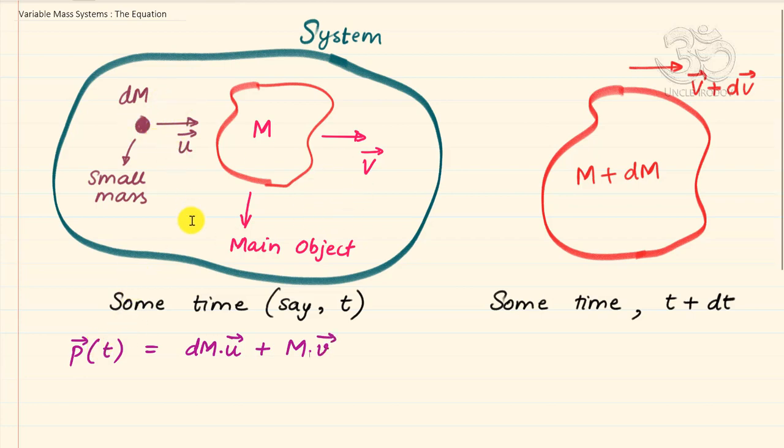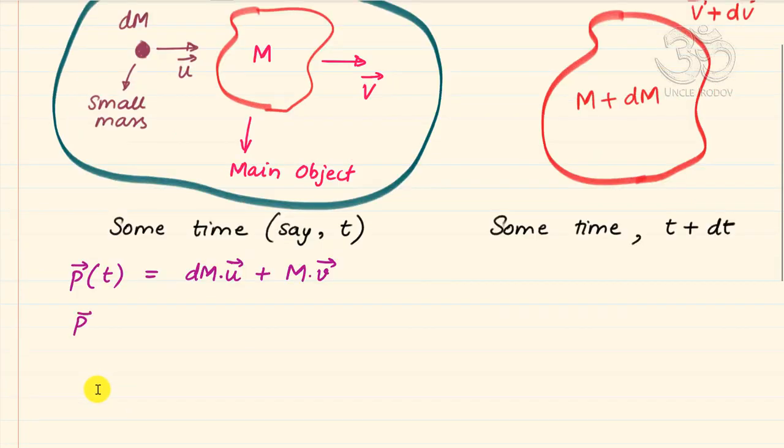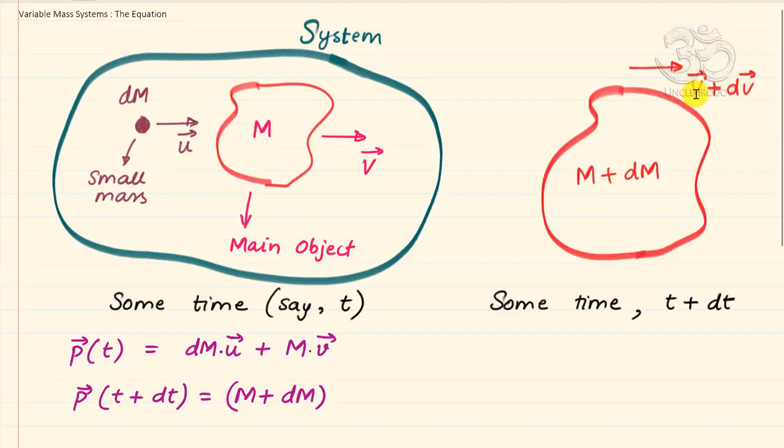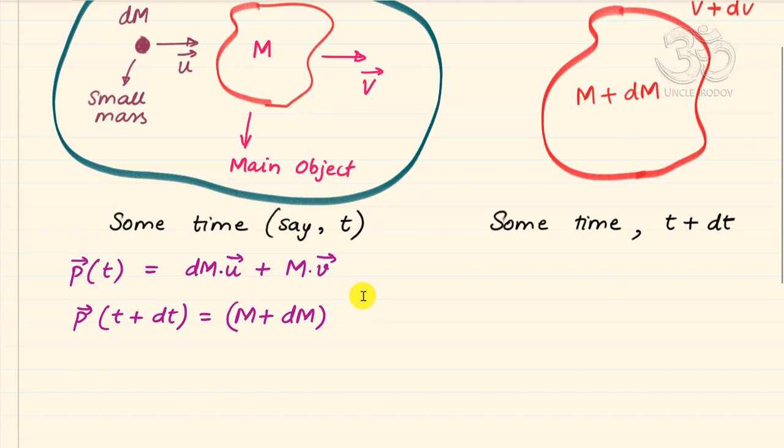So in vector notation, dm times its velocity plus m times its velocity gives the total initial momentum of the system at time t. Now what is the momentum of the system at time t plus dt? It is going to be the total mass m plus dm traveling at a velocity which is v plus dv.